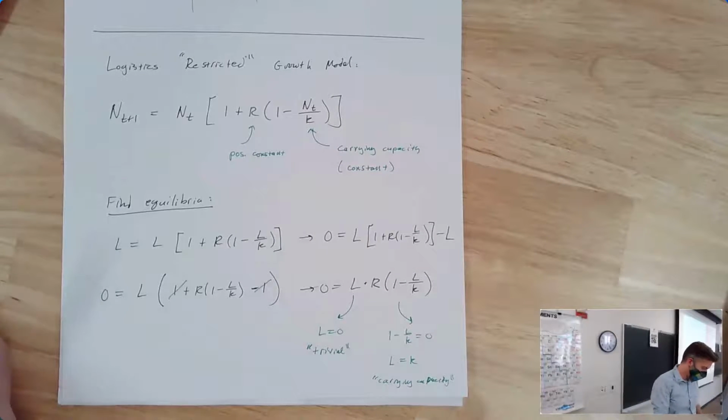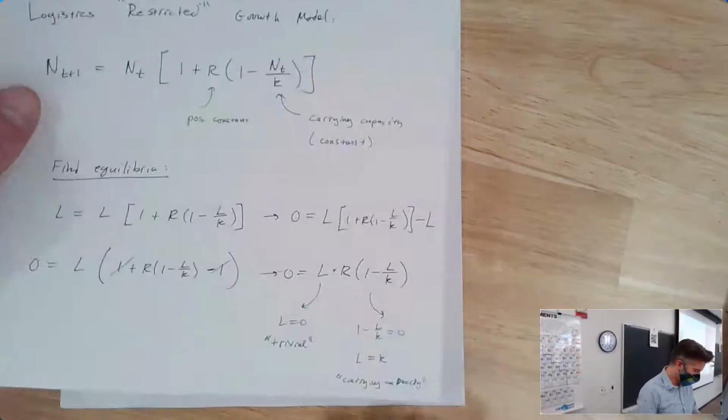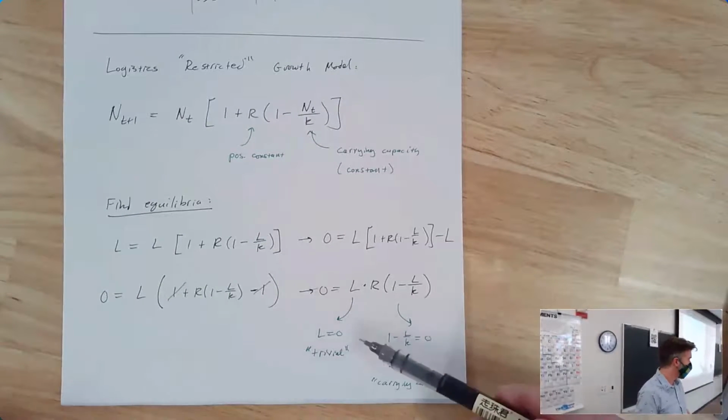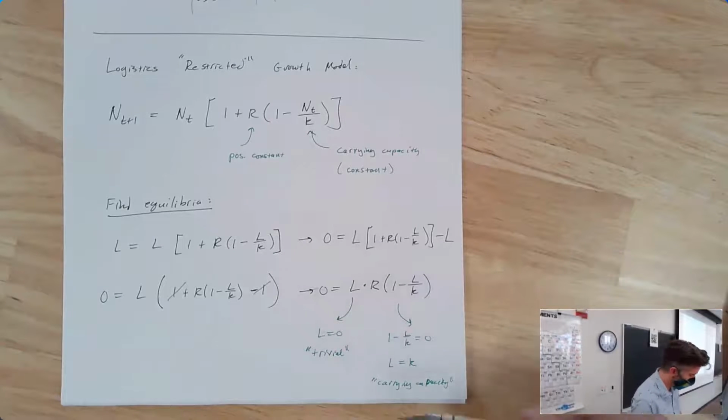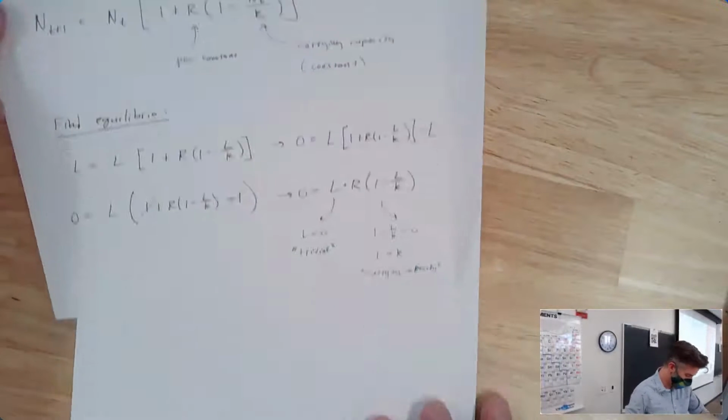Let's look at an example with some numbers. I was going to say we could right now determine the stability, but actually it depends on r. So the stability or instability here totally depends on r. Okay.